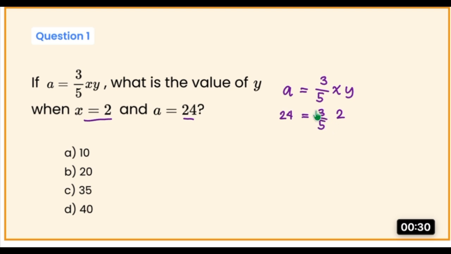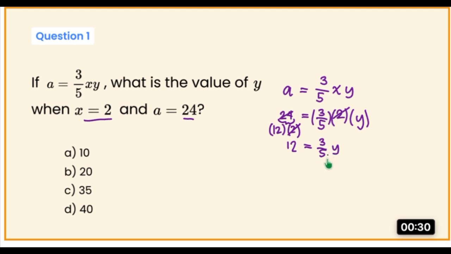So this is 3/5 times 2, and then times y. I don't like to multiply yet, so what I'm going to do is this 24 here can be written as 12 times 2. So we can cancel out the 2 on both sides. And then we're left with 12 equals 3/5 y.